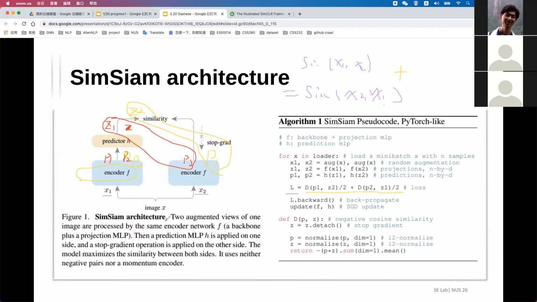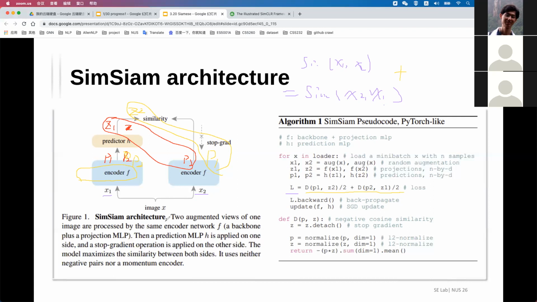So if x1 is face 1 and x2 is face 2, and we feed those images into the model, we will get their similarity by computing the cosine similarity. You understand this? Yeah. So my question is, if we switch the order of the two images, will they get the same result?